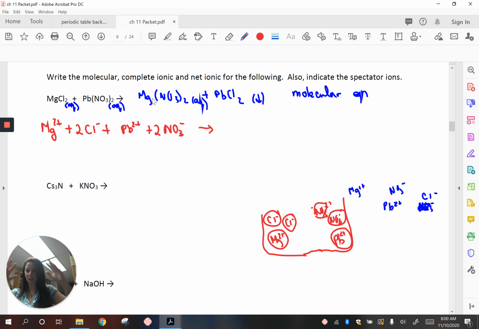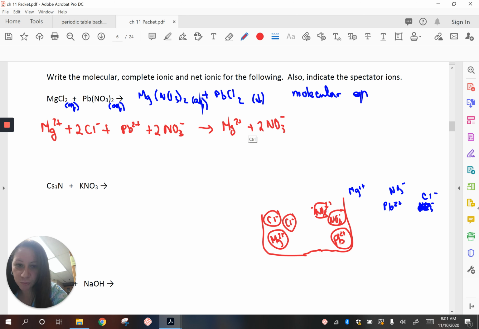So the magnesium and my nitrate ions just keep swimming around. And so if one of your products is aqueous, you also write the ions dissociated. So Mg2 plus and nitrate, and I have one Mg2 plus and 2 nitrate ions.